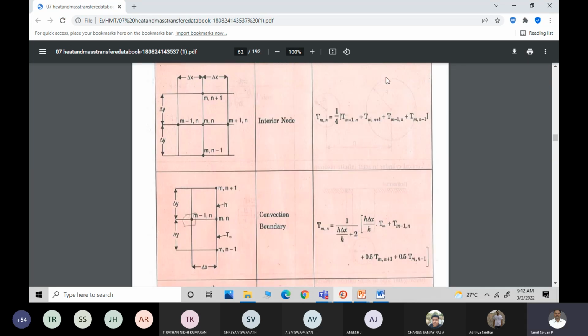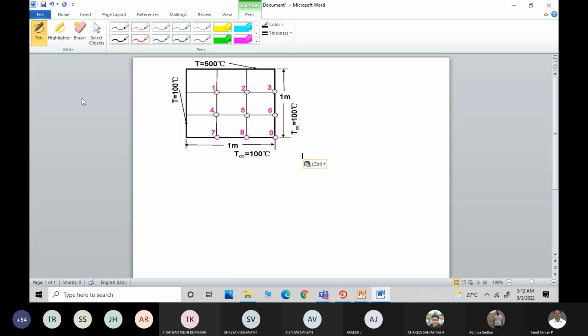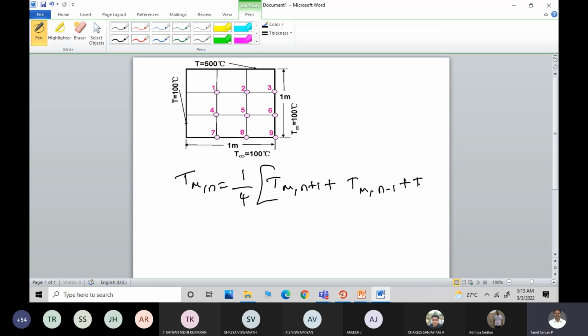for T1 we can use this particular formula which is mentioned here, T(m,n). T(m,n) is equal to 1 by 4 of T(m,n+1) plus T(m,n-1) plus T(m+1,n) plus T(m-1,n).